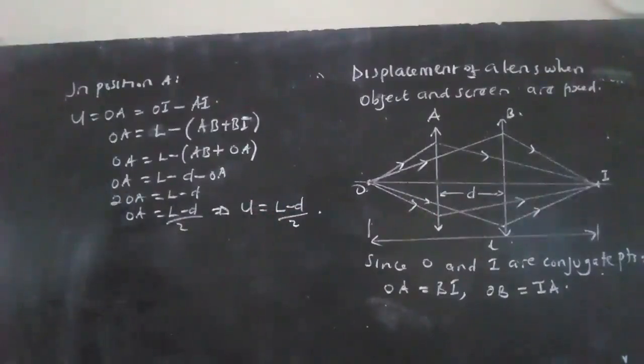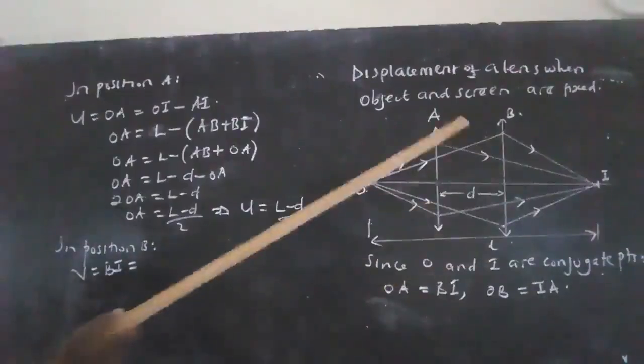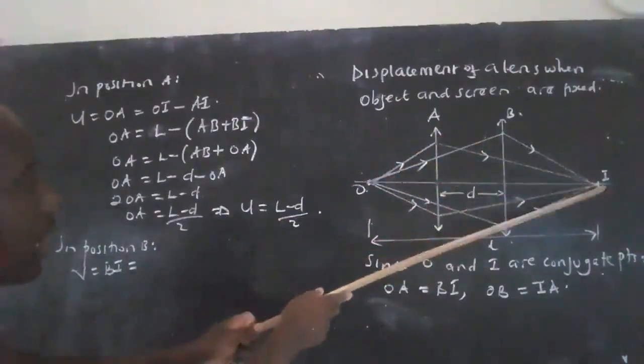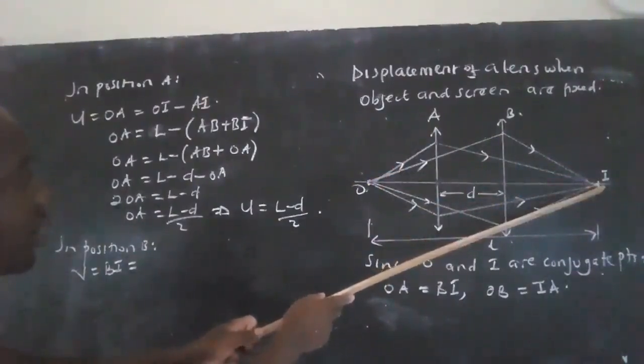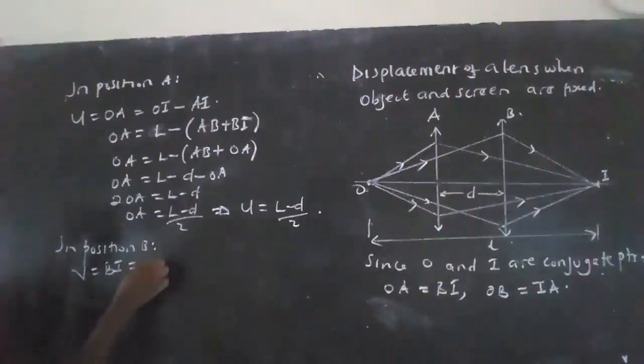Then, in position B, our V becomes what? Our V is the same as BI. But to get BI, we shall say that it is OA minus OB.